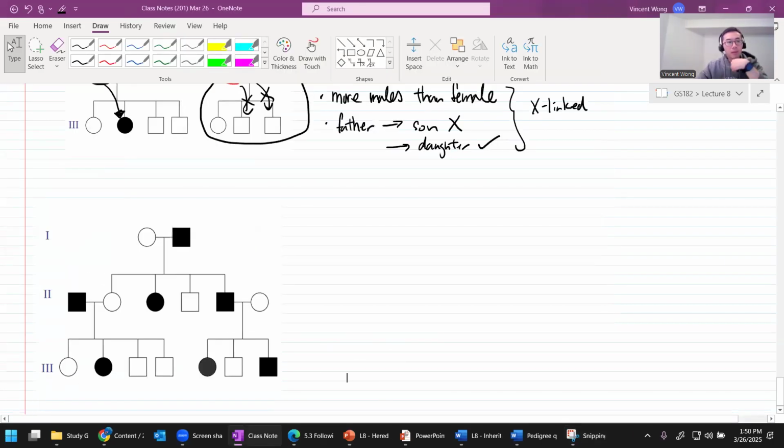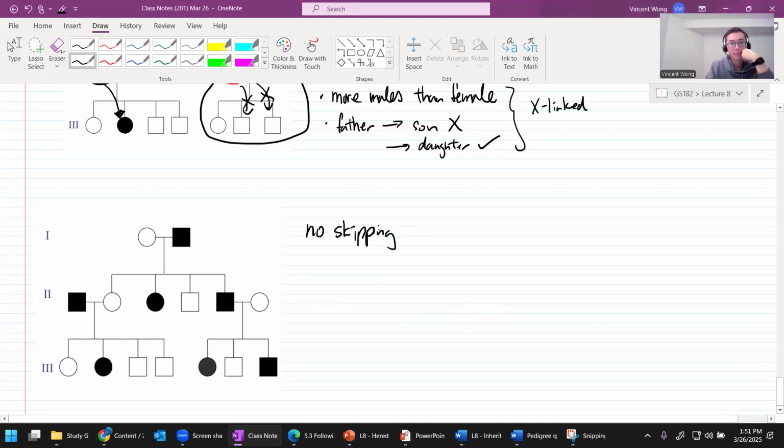Okay, this one. First of all, we want to figure out if it's dominant or recessive. Do we see skipping of generations here? Anybody skipping? No skipping, right? Each generation has people affected. So no skipping.